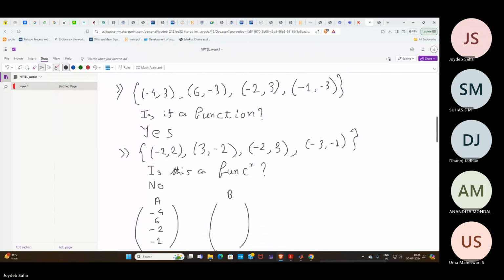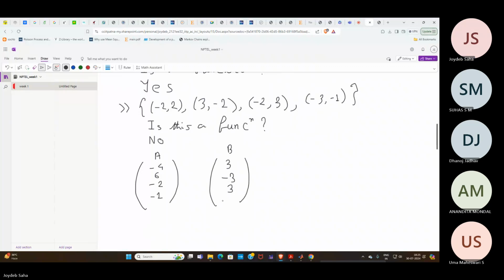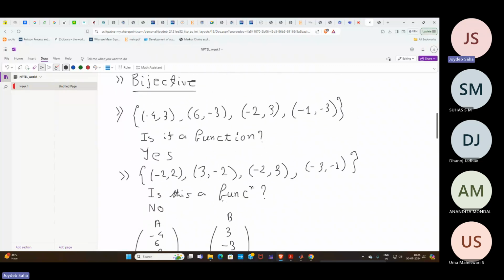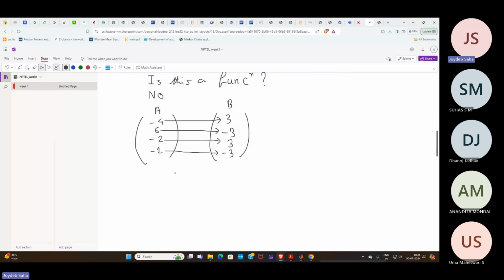And what was B? 3, -3, 3, and again -3. So if we map this, we will get that A has 4 elements, -4, 6, -2, 1. And B has 4 elements, 3, -3, 3, -3. So this is a function.